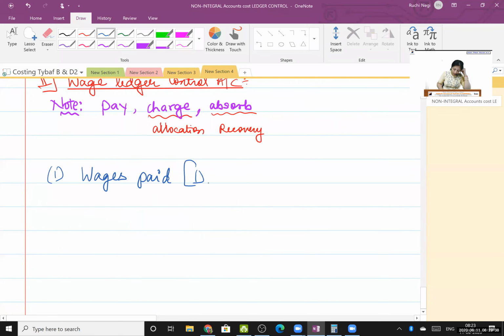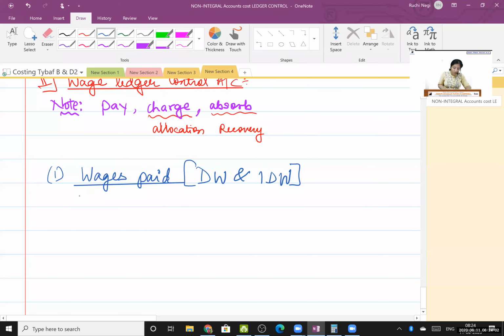Whether it is direct wages and indirect wages, I'll pay it together because wage ledger control I'm making especially for wages. Whether it is direct or indirect, I'll record it here.